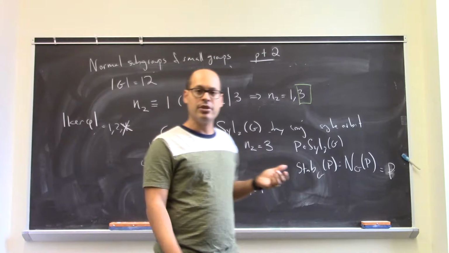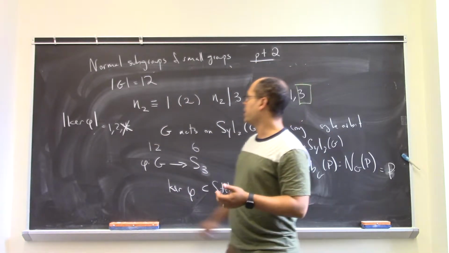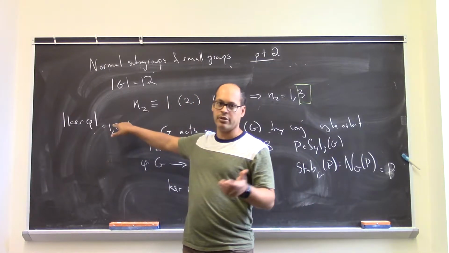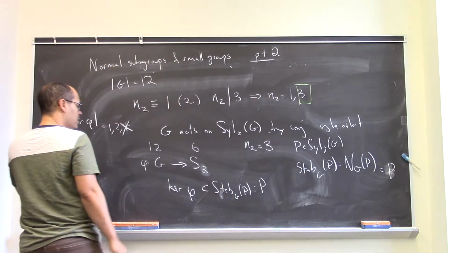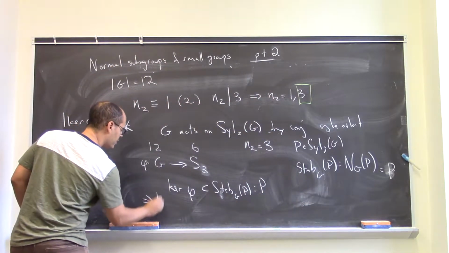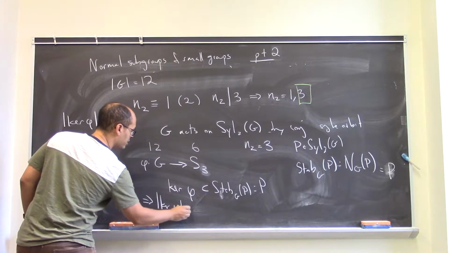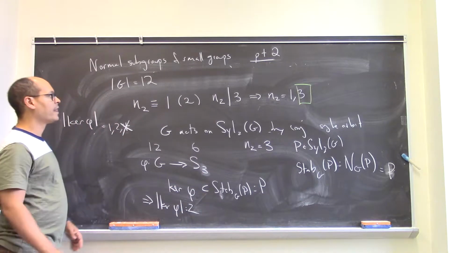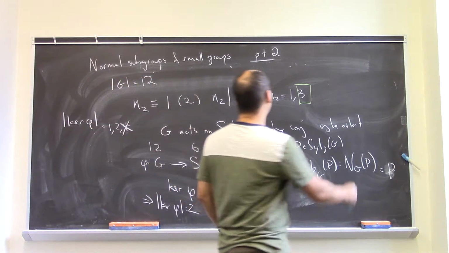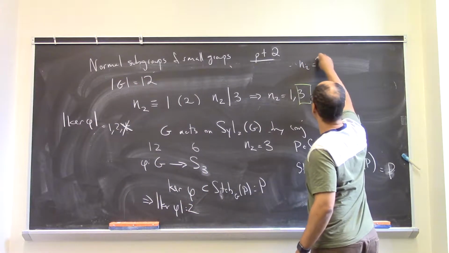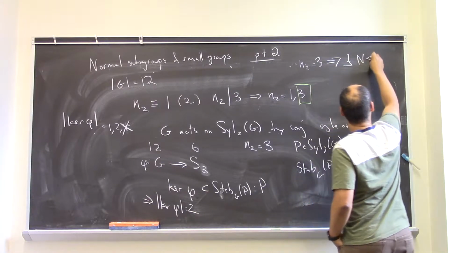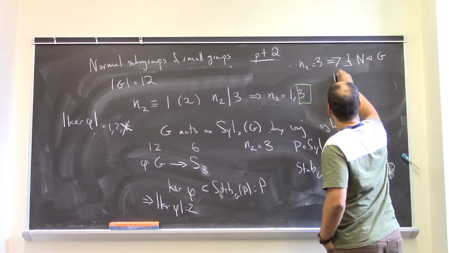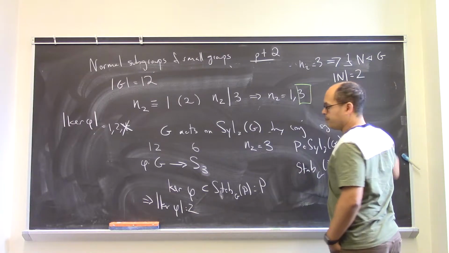It has to have at least 2 things in it, and it can't have 4 or 1, so it has 2 things in it. Therefore the size of the kernel is 2, and if n2 equals 3, there exists a normal subgroup of order 2.